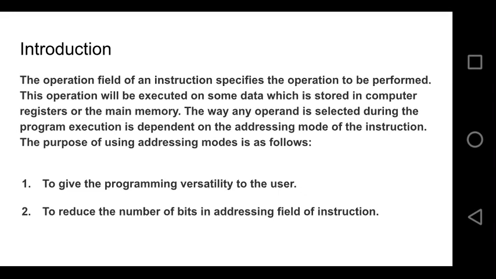Operation field of an instruction specifies the operation to be performed. This operation will be executed on some data which is stored in computer registers or in the main memory, or within the instruction itself.